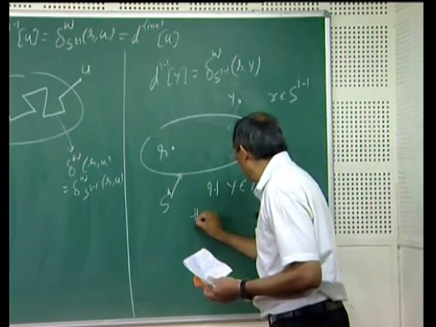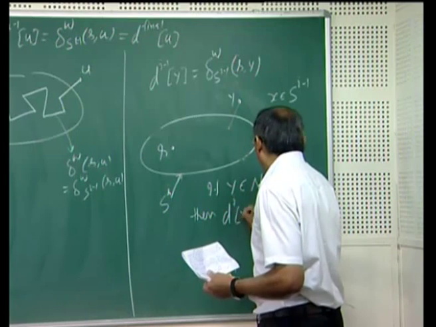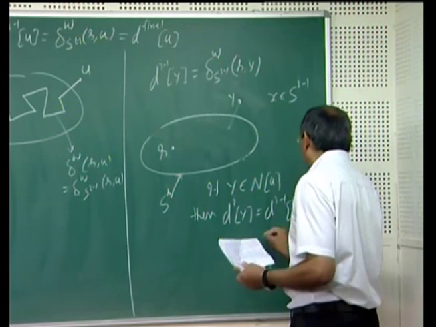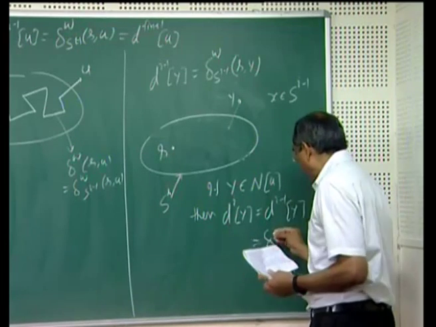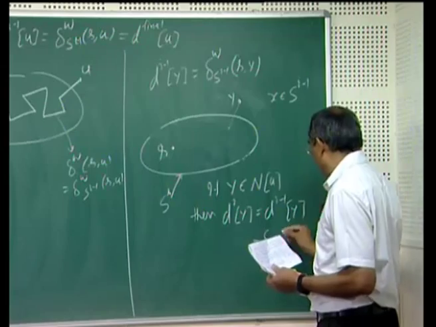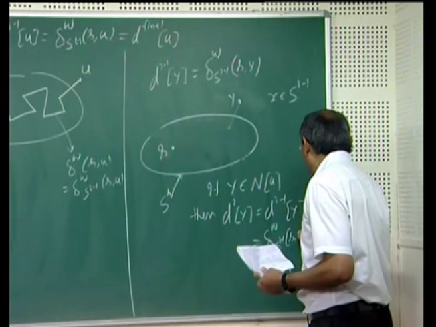Then d_i of y is the same as d_{i-1} of y, which is the same as delta_w(s_{i-1}, s, y).